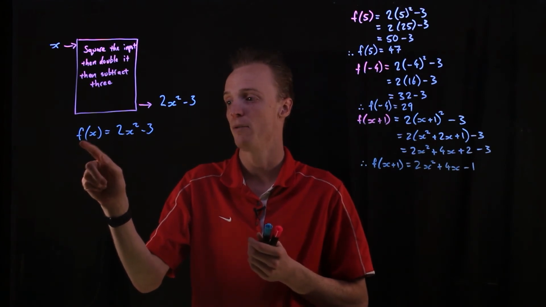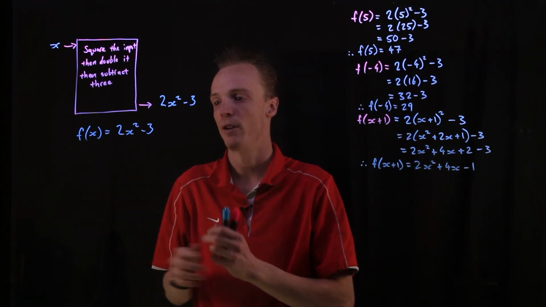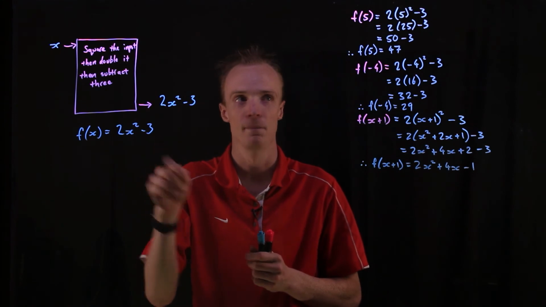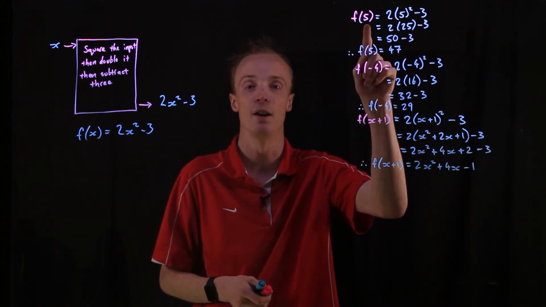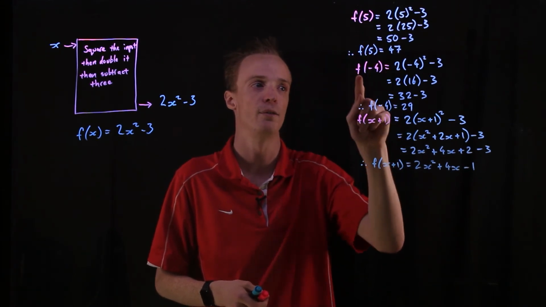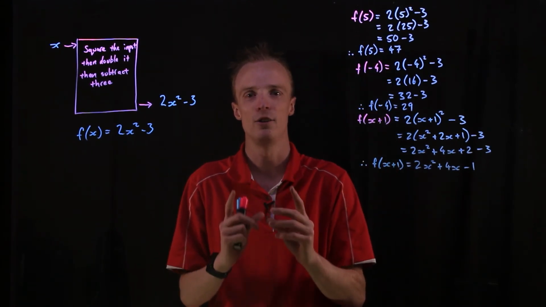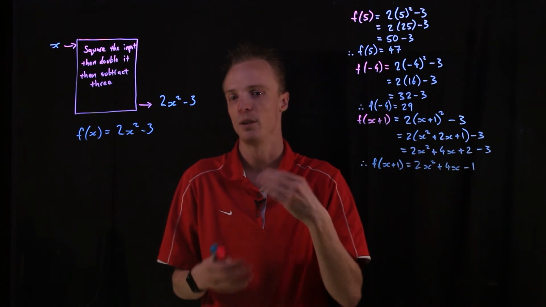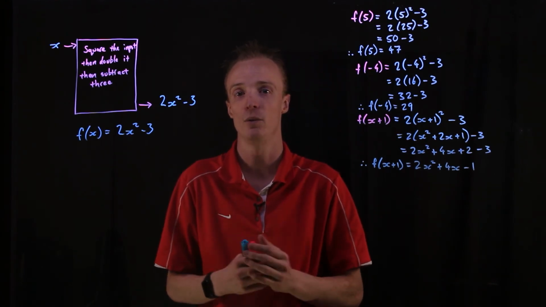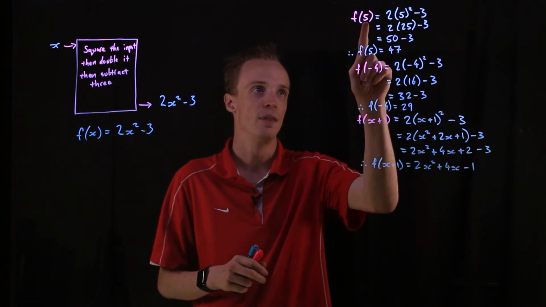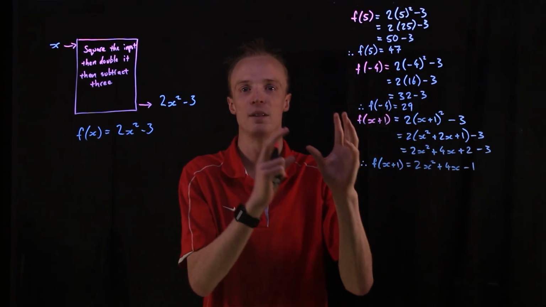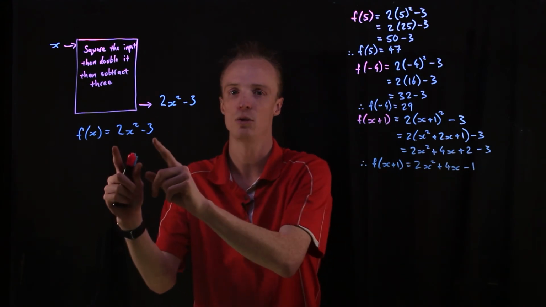In this case, it's my function of my x, which is represented here. If you want to look at the function of something else, so the function of 5, the function of negative 4, we can use substitution. So we can start using some of the algebraic skills that we've got already. And that's the key thing to identify here. This is my input, and I'm substituting that into my function.